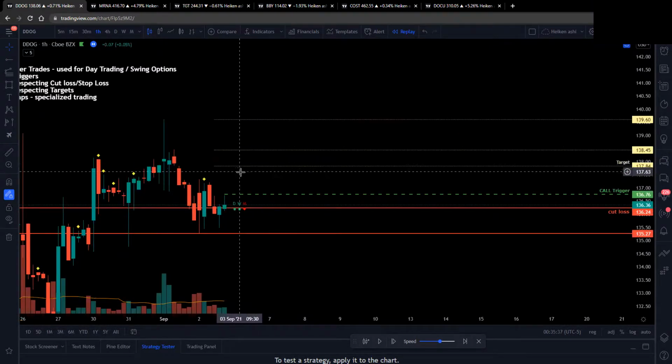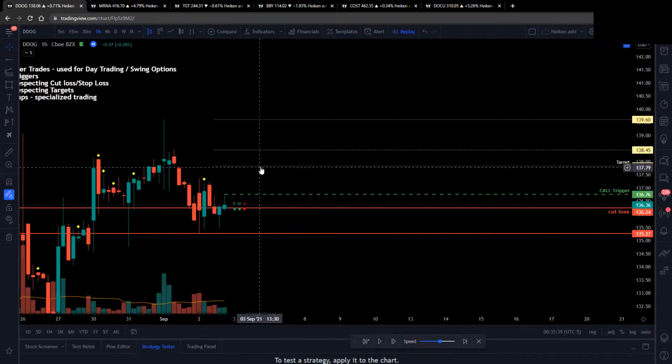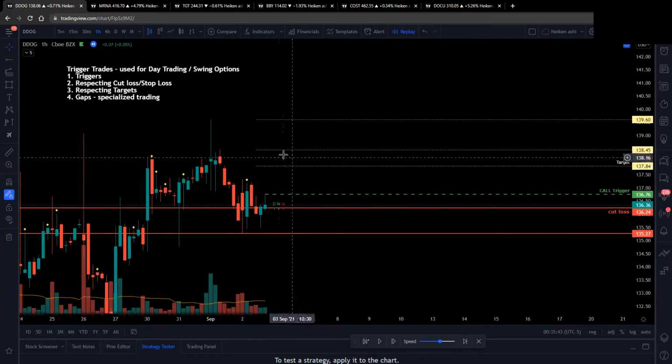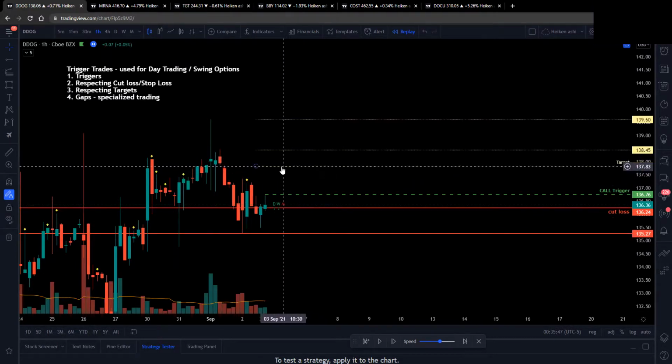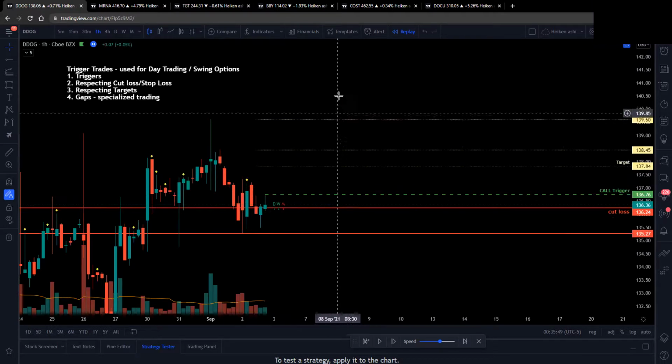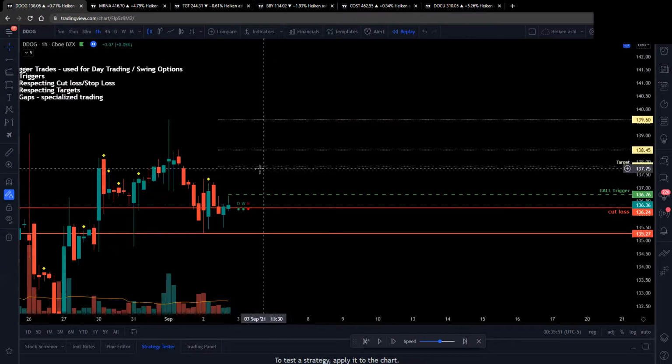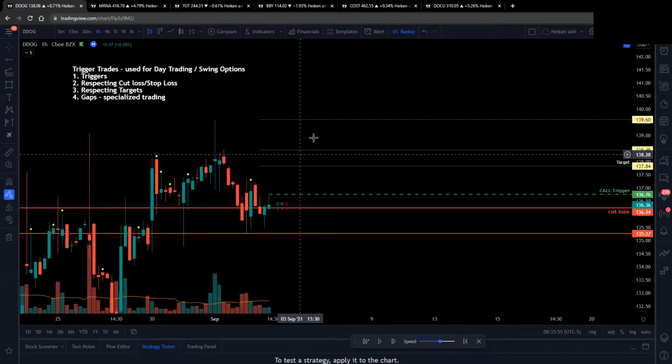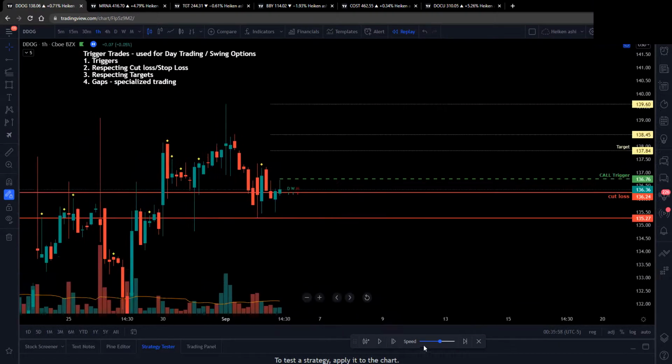But usually the first target is almost guaranteed to hit, almost guaranteed. But it doesn't mean that it will not reverse from there. It can keep going up, but the first target will always be a good place to exit, at least in a conservative way. So we'll play this out.